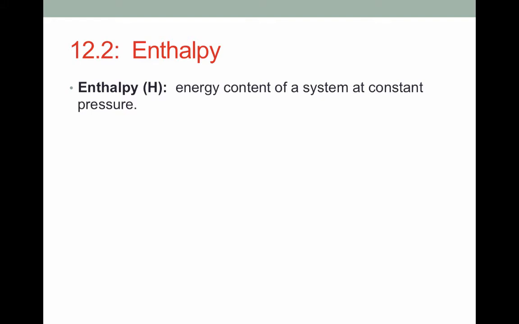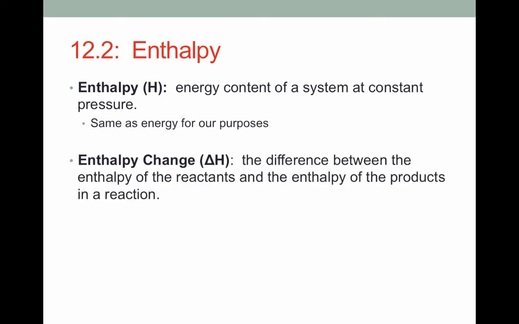Recall that enthalpy, represented with a capital H, is the energy content of a system at constant pressure. But since we almost always work at constant pressure, for our purposes, enthalpy will be pretty much the same as energy. We'll use those terms sort of interchangeably.